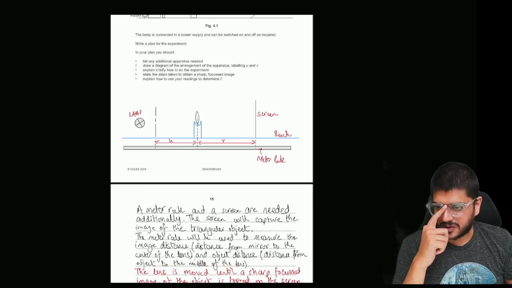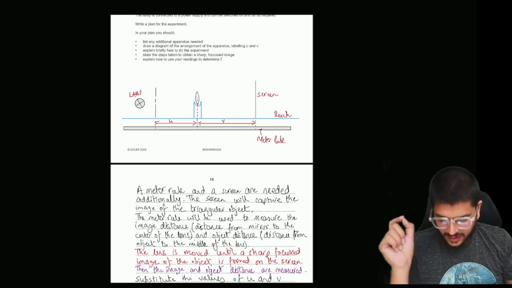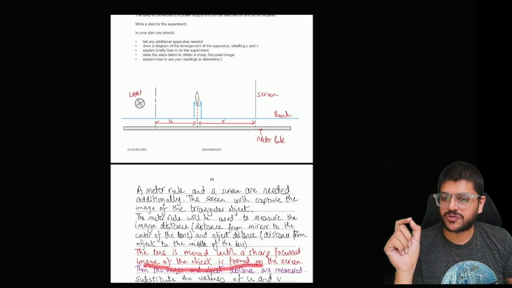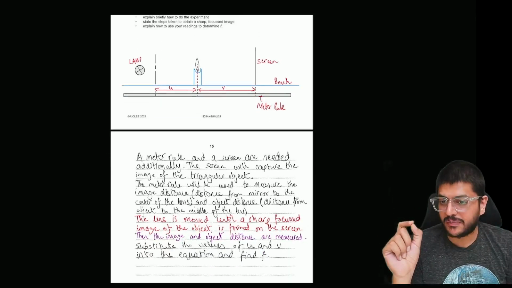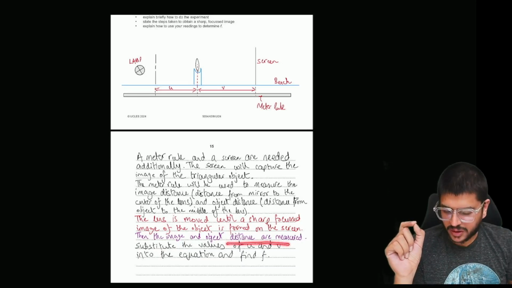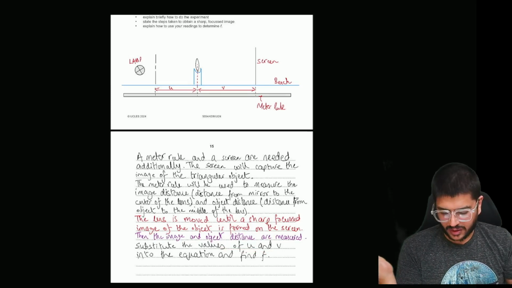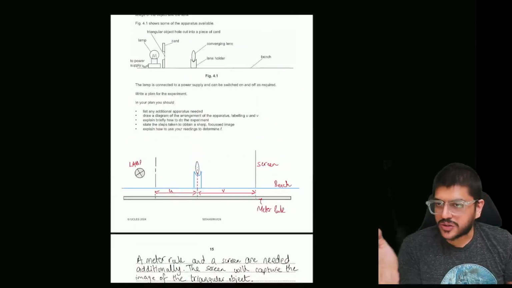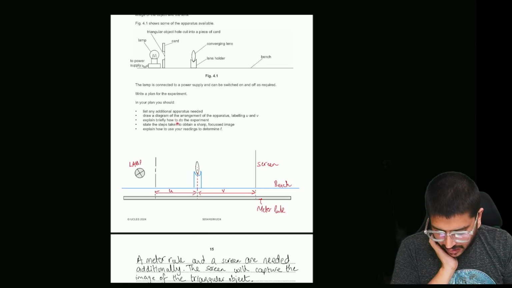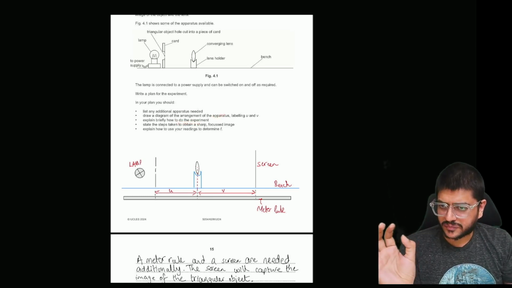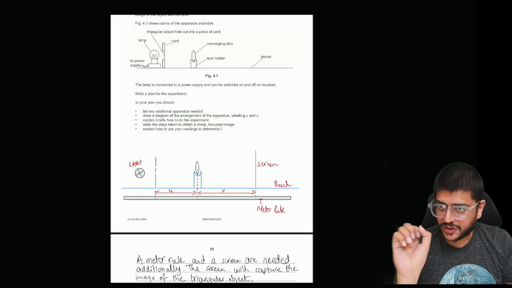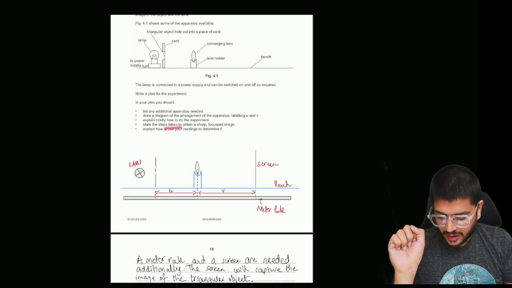That's the object distance. Most important point: the lens has to be moved until a sharp image of the object is formed on the screen. Then the image and object distances are measured. You substitute these values of U and V and you get F. That was the question. How to do the experiment? We said you have to move the lens until a sharp focused image is formed.